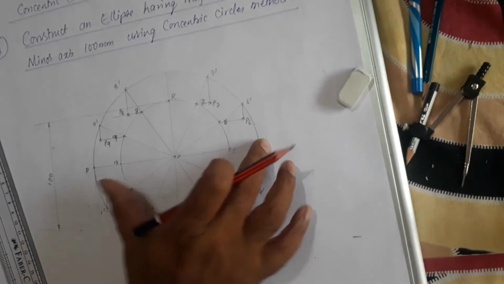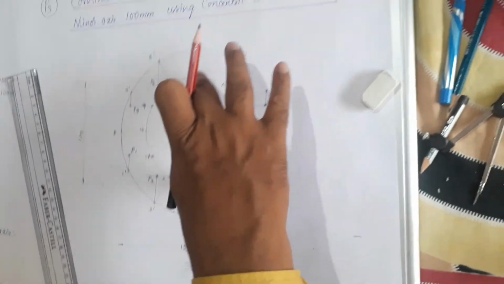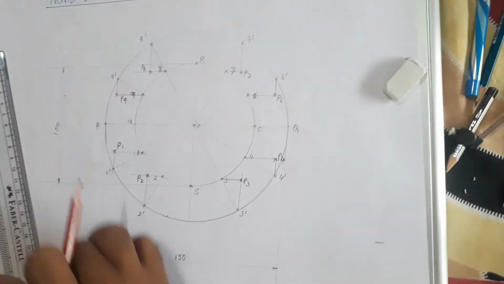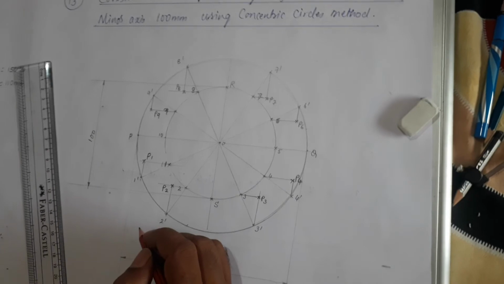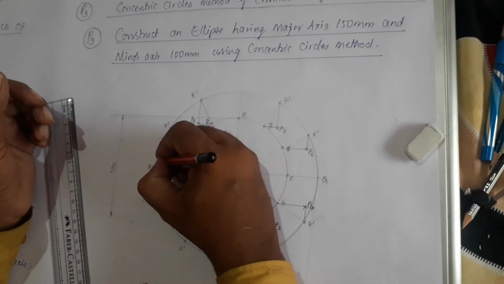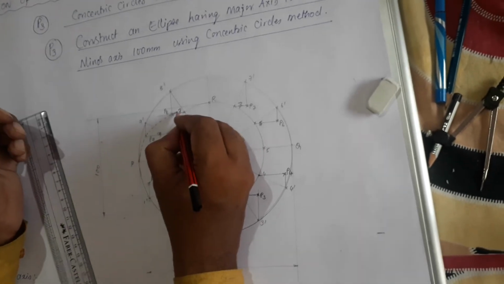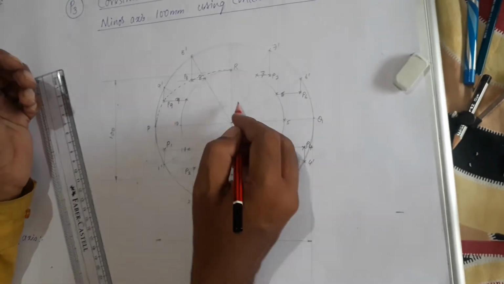And the extreme points of the ellipse: PQ is the major axis and RS is the minor axis. We have got the major axis and the minor axis. We are going to join all the points by means of a smooth curve. How are you going to join? From P, then P9, P8 and then R, because R is a point on the minor axis.